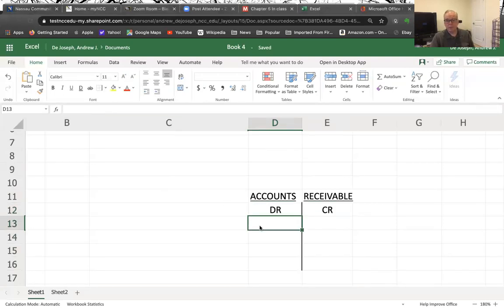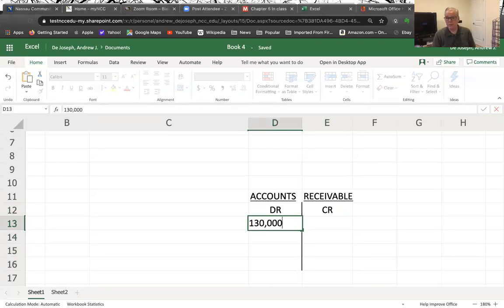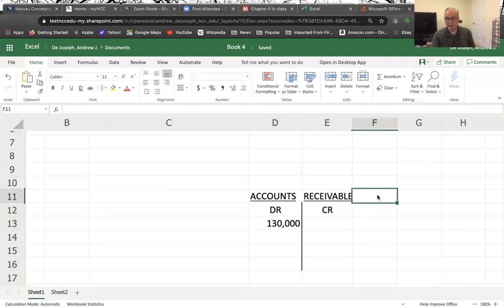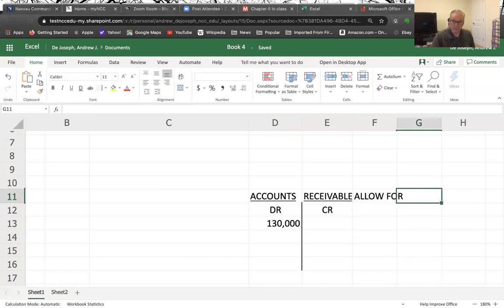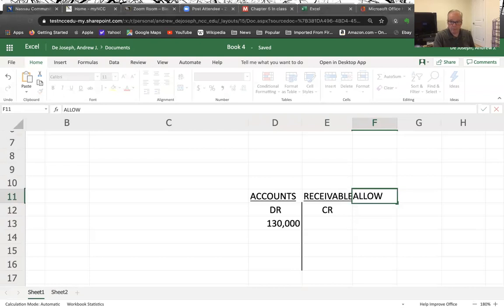Now, if you go back and read the problem, they told you the balance was $130,000 on December 31st, 2021. Okay. Now, this account has a cousin, let's call it allowance for uncollectibles, right?